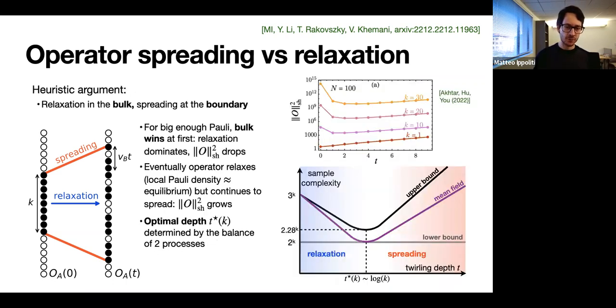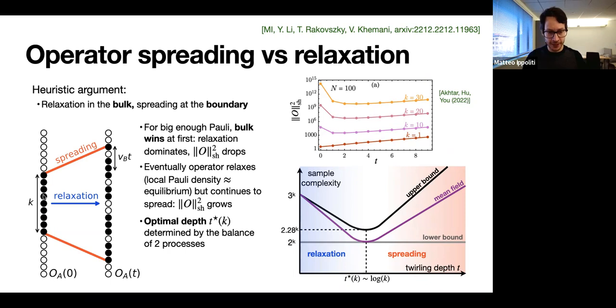Okay, so putting these two processes together, we can find a very simple heuristic picture for why this kind of behavior should arise. So essentially, the spreading is taking place from the boundary of our operator. So, of course, this is where new Paulis are being produced. On the contrary, relaxation is taking place anywhere inside the bulk.